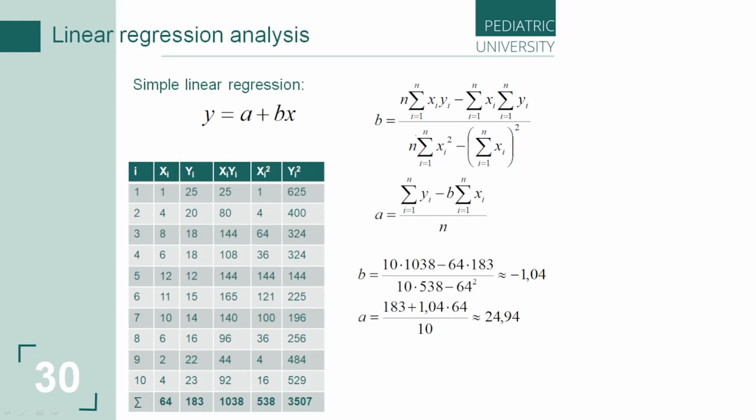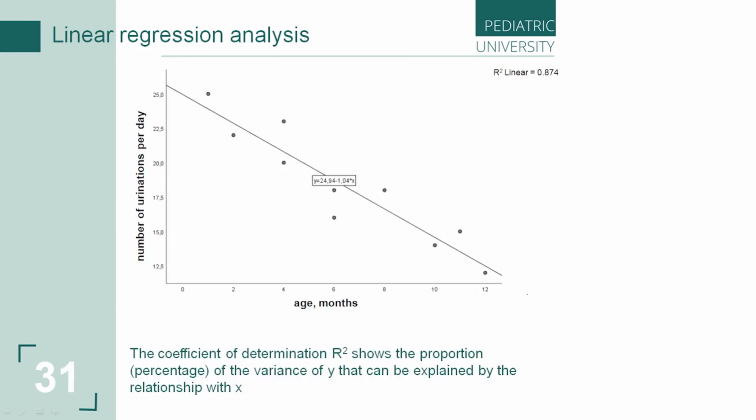Again, we should put the sum of the products of x and y, the sum of x values, y values, and squares. And according to these formulas, our results are that the coefficient b is minus 1.04 and the coefficient a is 24.94. So, if we plot our straight line on the scatter diagram, it goes about midway between our points.